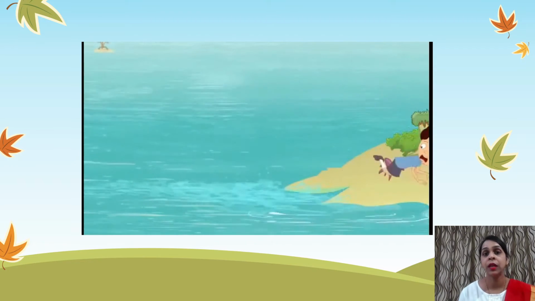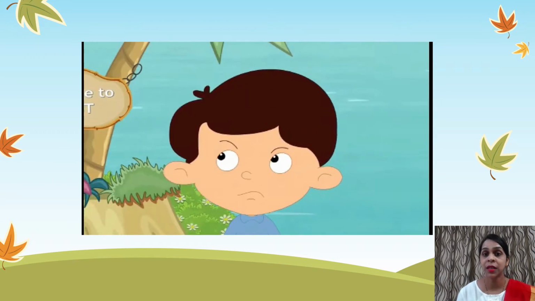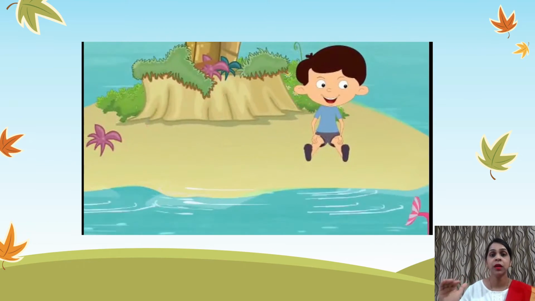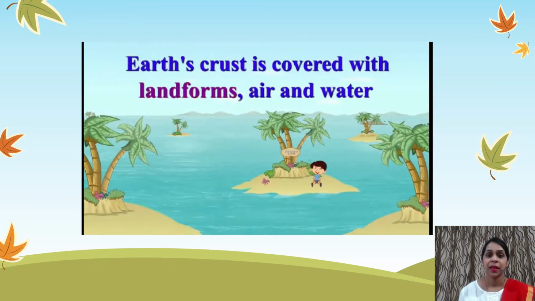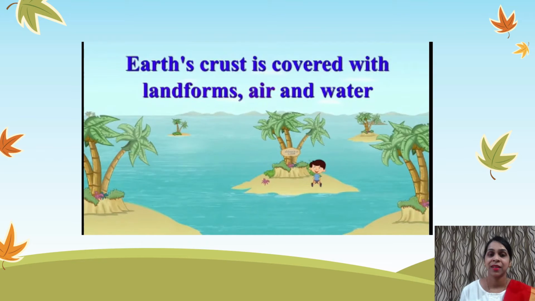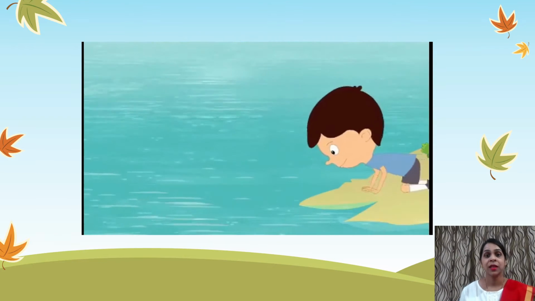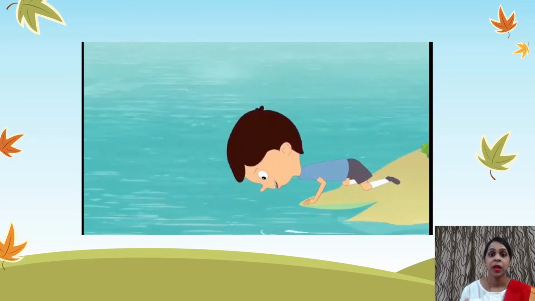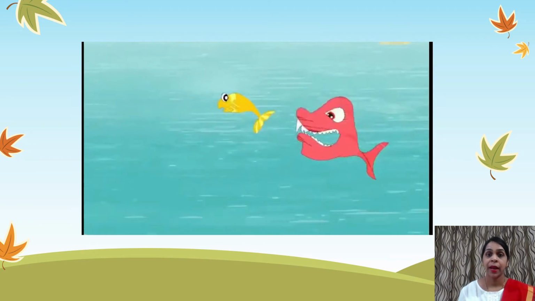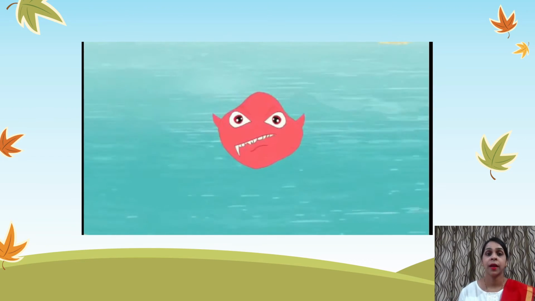Where do we live? We live on the crust, the uppermost layer of the earth. As you see, the earth's crust was covered with air, water and soil.